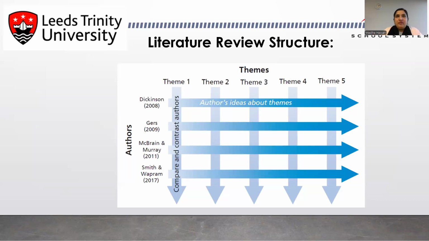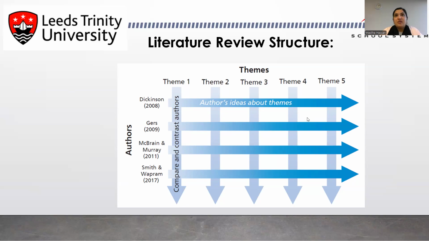Literature review structure. The best way of doing a literature review is to put your research into different themes. For example, theme one, theme two, theme three, theme four. In theme one, if it is Dickinson, what this person has said about it. Then if it's Gerst, Brain, and Murray, you can compare and contrast authors, which is very important.